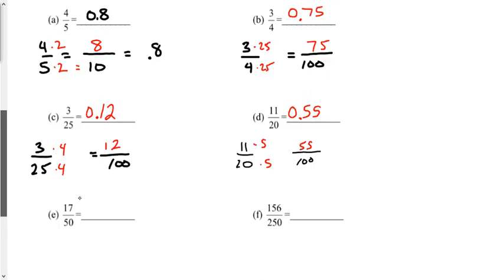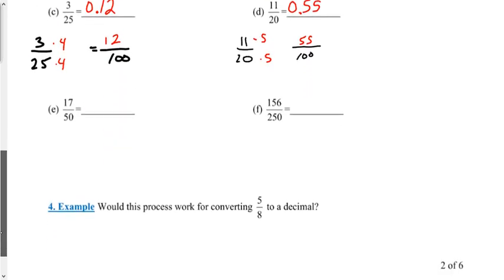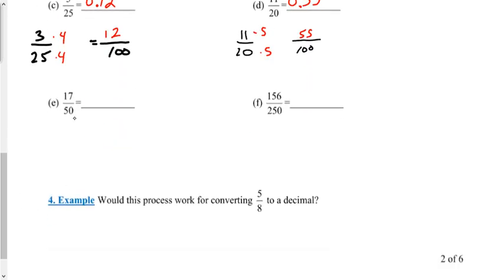And then down here, 50ths. This will turn into hundredths very easily, because all I've got to do is multiply it by 2, times 2 and times 2. That's going to make 34 hundredths, or 0.34.